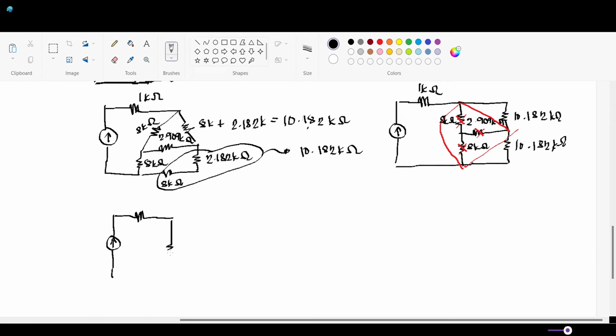Okay, so one resistor here, and another resistor here, and nakaparallel si 10.182 kilo ohms. Alright, so dito, ilagay natin na A, B, and C.